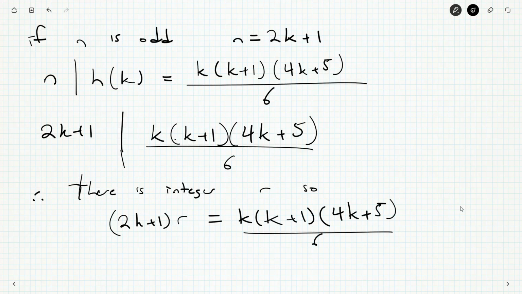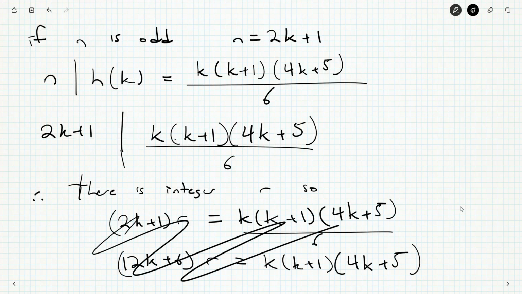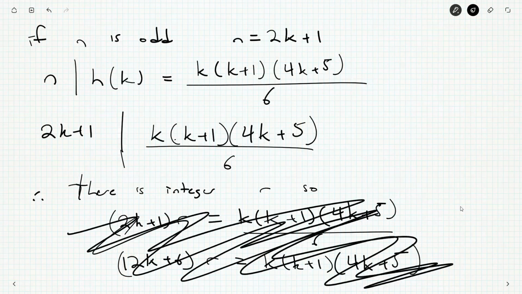I guess we could then say 12k plus 6 r equals k times k plus 1 times 4k plus 5. This doesn't actually simplify in any way, so I don't think that this is particularly helpful.